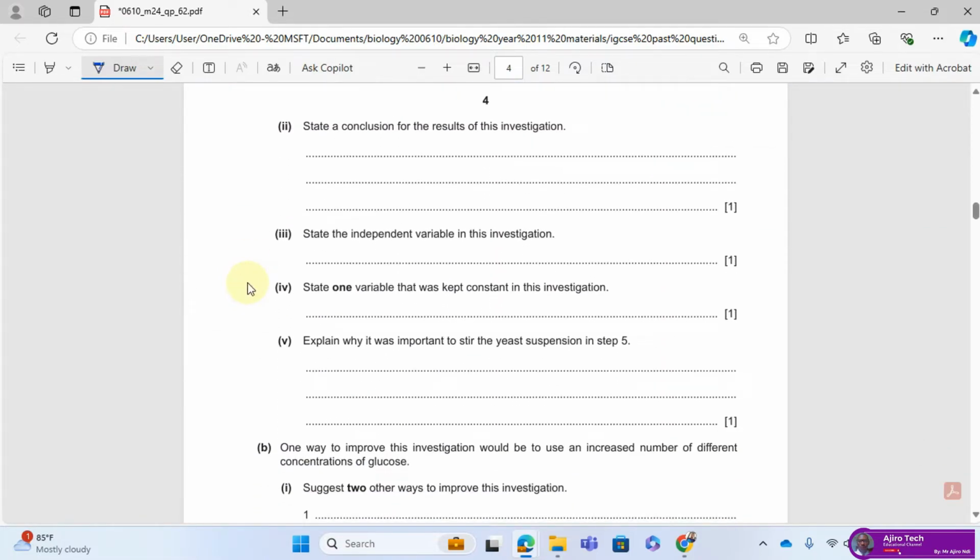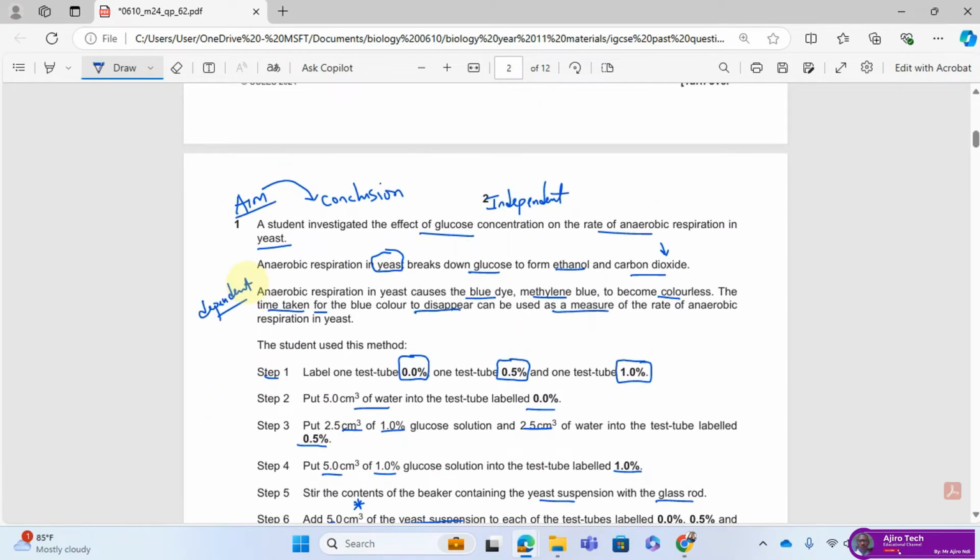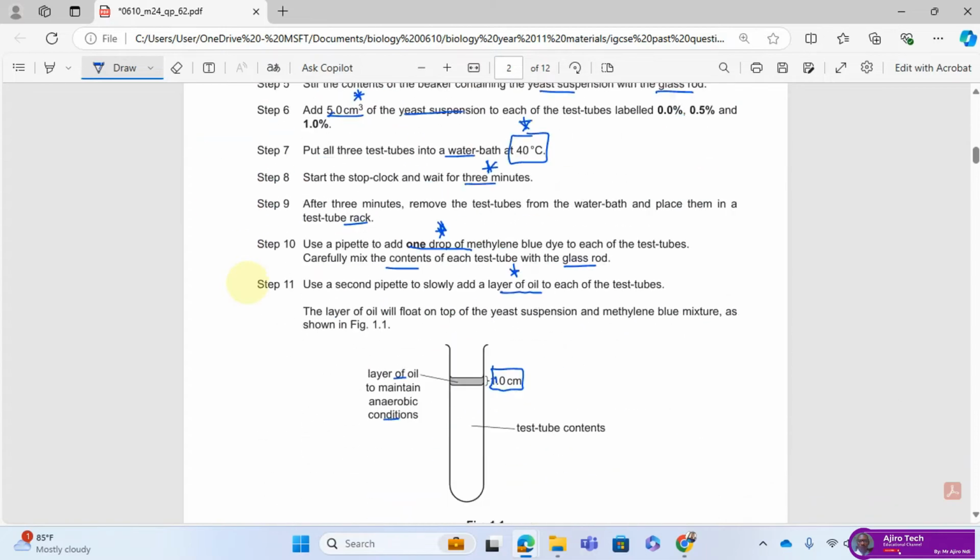Here we'll go to the other questions. State a conclusion for the result of this investigation. Like I said, the conclusion must be tied to the aim of the investigation. We see that from the result, as the concentration of glucose increases, the rate of anaerobic respiration occurred faster.